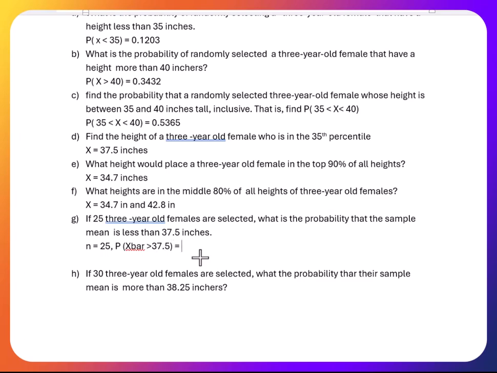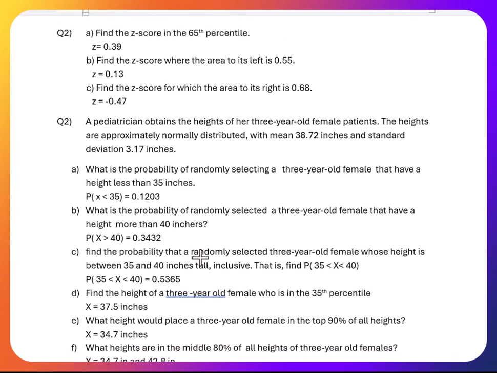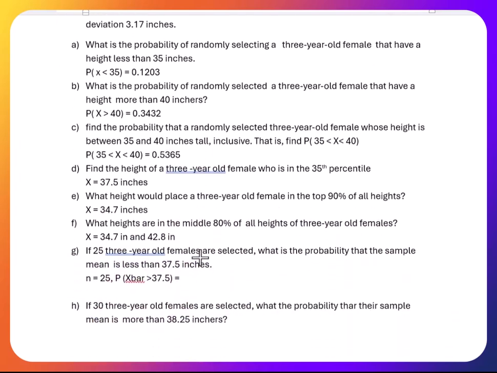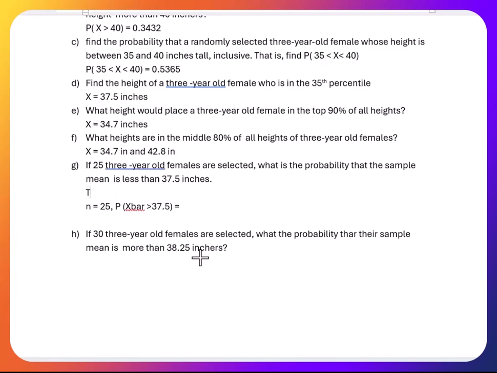When you review section 8.1, or if you have reviewed that, you notice when we work with the sample means, the standard deviation changes. So originally he gave me a standard deviation, which is what? 3.17. But when you work with the sample means, the standard deviation is no longer 3.17. Let me just write it down.